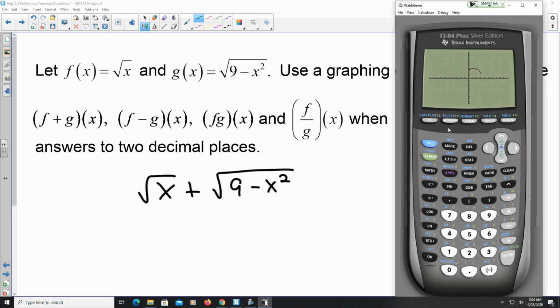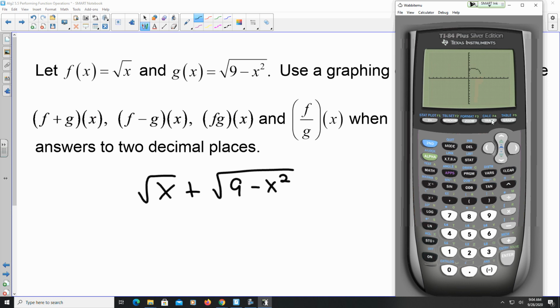So it looks like that's our graph per se. And it says our solution when x is 2.